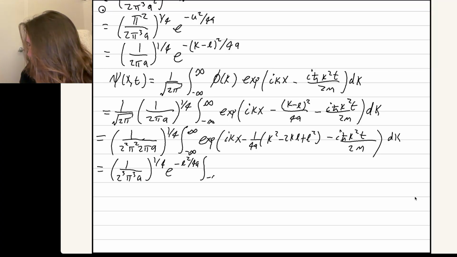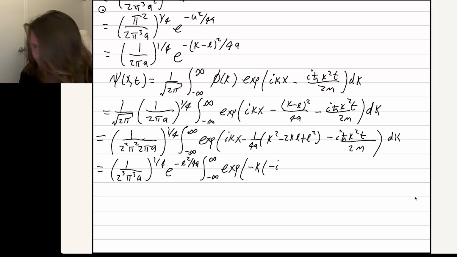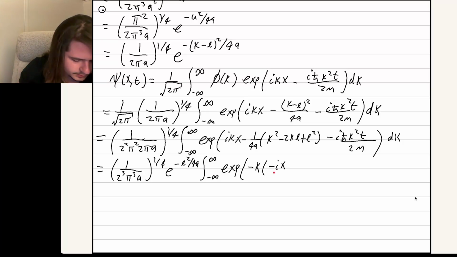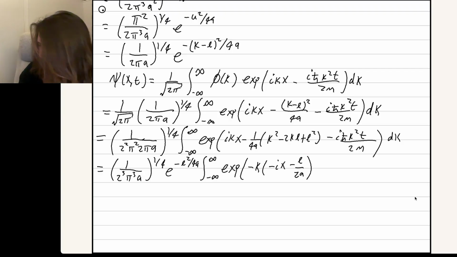But then now we have to group it together by factors of k, so we'll have all the stuff which is attached to minus k, and that is going to include minus ix as well as minus l over 2a, right, because 2 over 4a is 2a. Awesome.